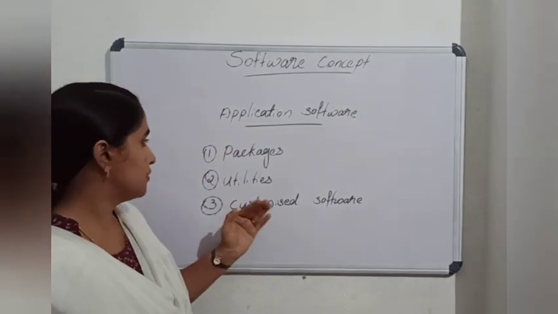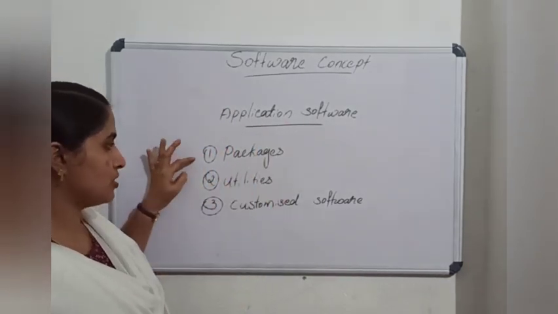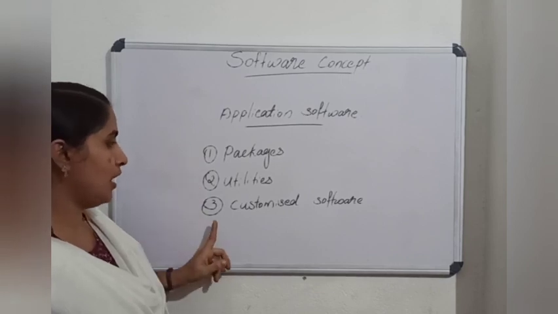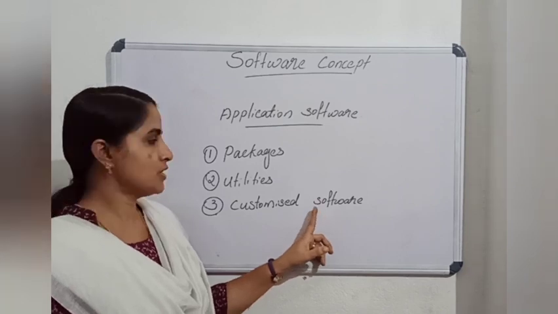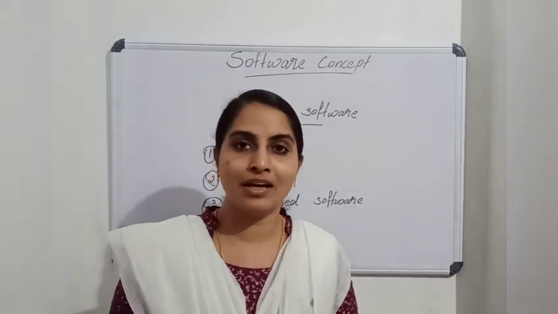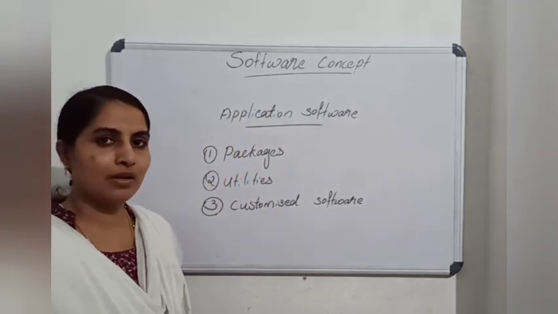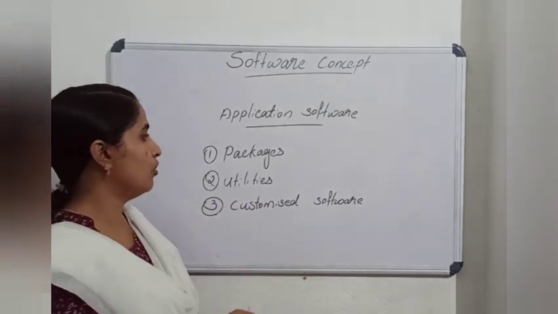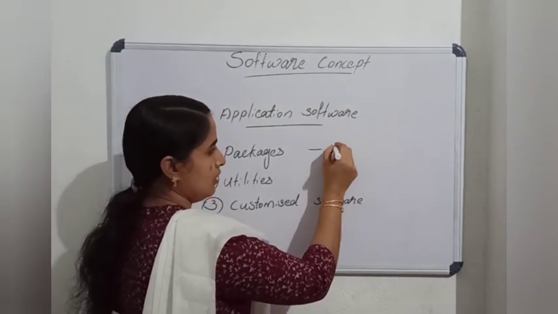There are three categories of application software. One is packages, next is utilities, and the last one is customized software. First we will see what packages are. Packages means general application programs. There are a lot of examples that you might have learned before, like word processing software, MS Office.